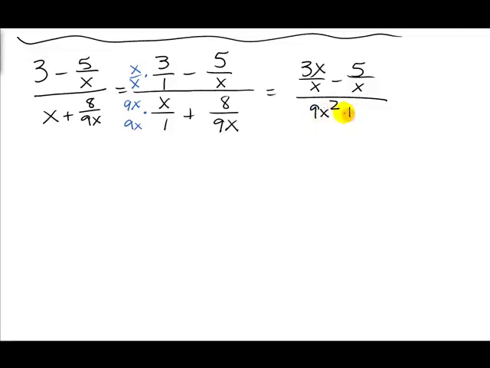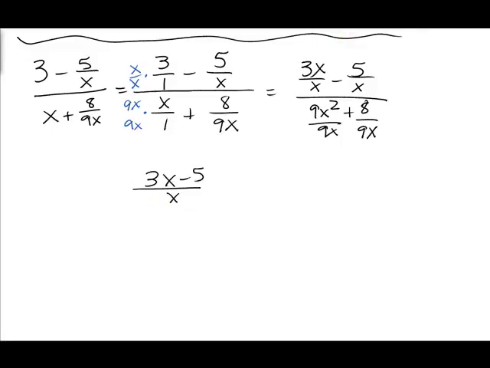9x squared plus over 9x plus 8 over 9x. I need it to be one fraction on top of one fraction. So I'm going to go ahead and simplify this and say 3x minus 5 over x.